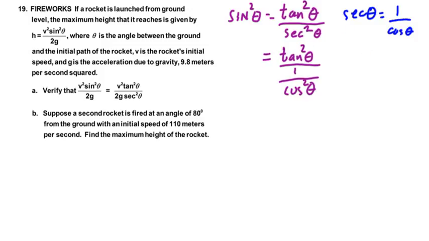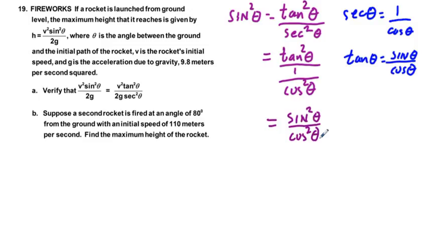Now, tangent squared theta, I'm going to fix that up too, because tangent theta, using the quotient identity, is equal to sine theta over cosine theta. So I'm going to replace tangent squared theta with sine squared theta over cosine squared theta, and then bring down what I had left, which is 1 over cosine squared theta.